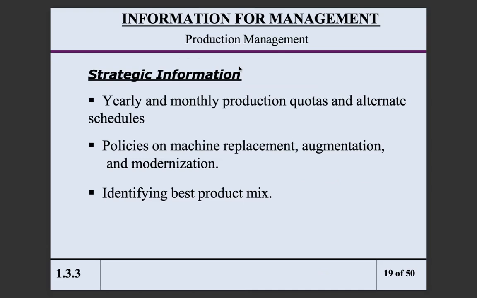Then for the strategic information, when it comes to production management, it would be yearly and monthly production quotas and alternate schedules, and the policies on machine replacement, augmentation, and modernization. Also identifying best product mixtures.